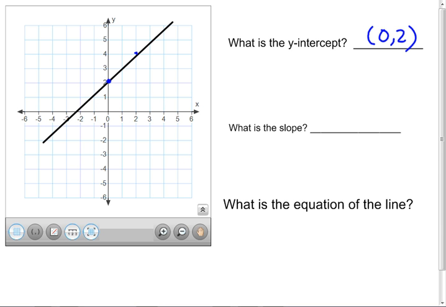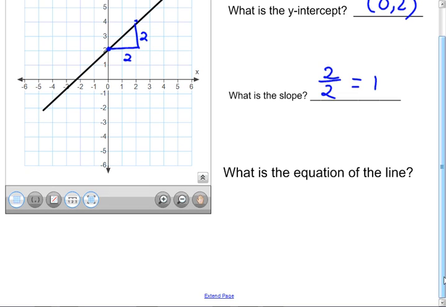Looks like this one. I'm going to count how many to the right? 2. And okay, so as a fraction, it's 2 over 2. And we do reduce these. What does that equal to? 1. Oh, just 1. That's right. It's a fraction, 1 over 1.